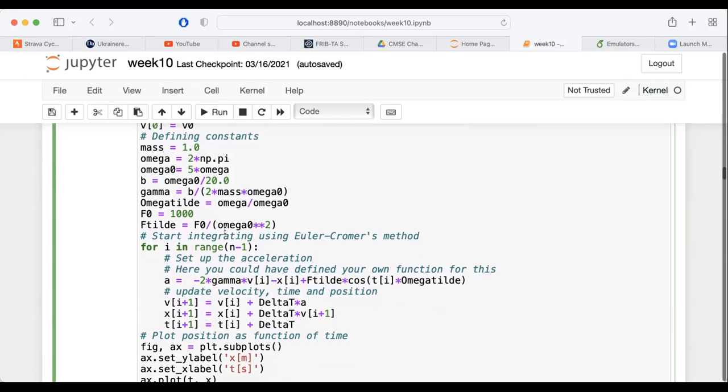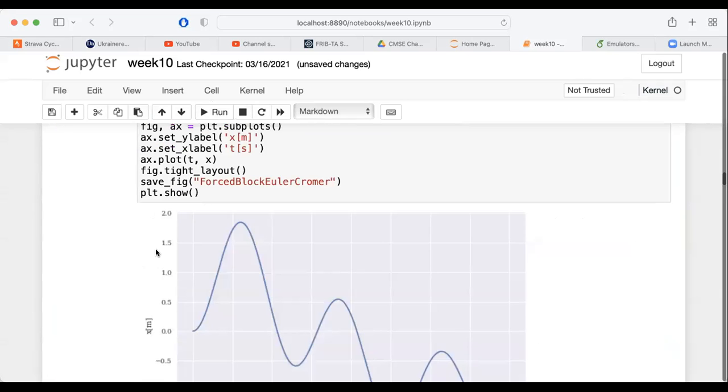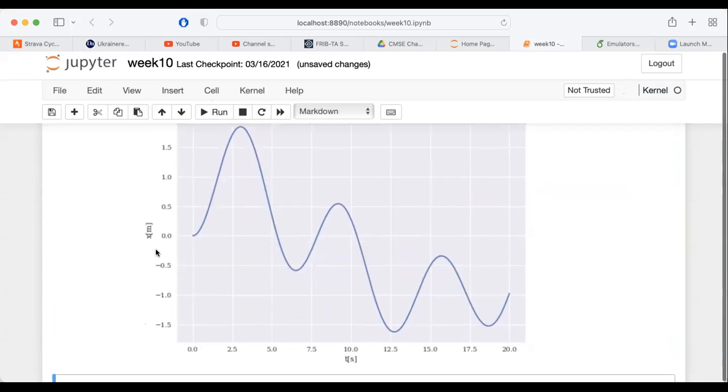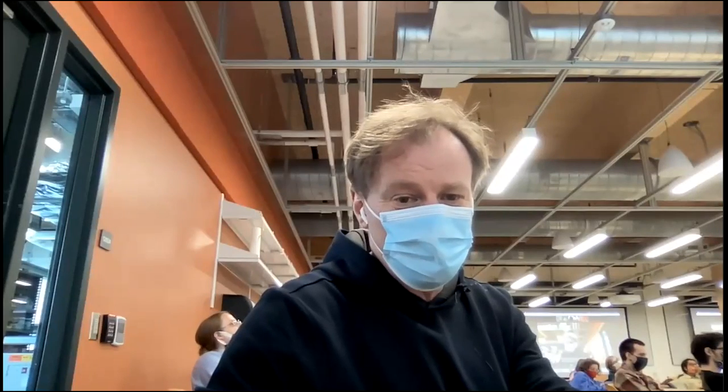So what I would expect now is something which, after some initial wiggling and damping, the force which I've applied should kick in. So let's just run it and see what happens. This doesn't look like what I promised, right? Because what I promised you, so let's just stop sharing and go back to the whiteboard.